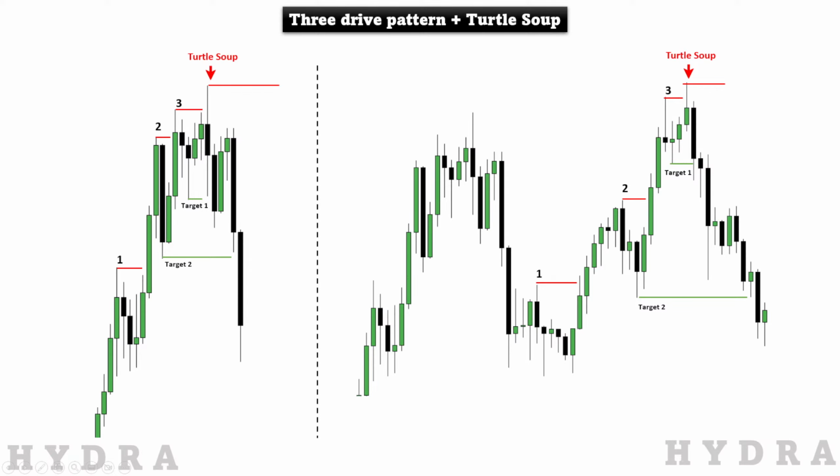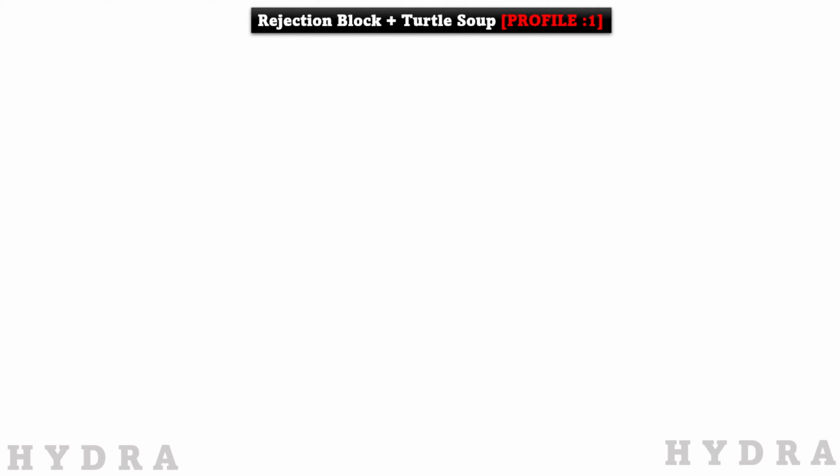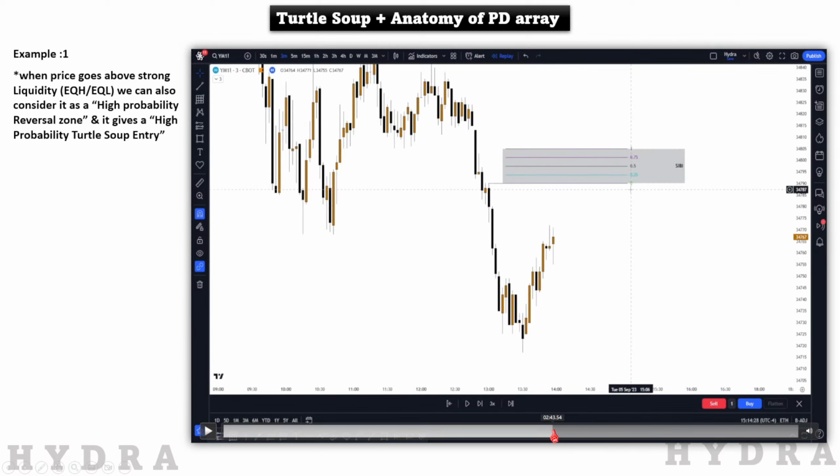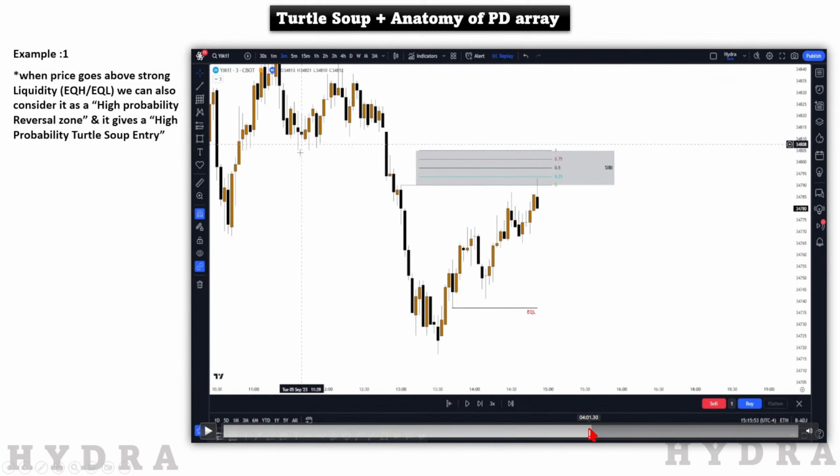Now I'll take you back to the first slide, the first example that I showed you, and here also the three drive pattern was repeating. When you know the concept, you will see it every single time. So it was here. This is our first drive, right?